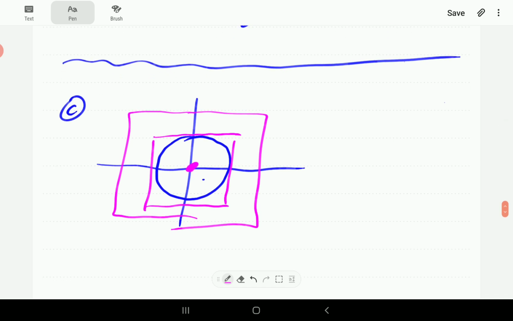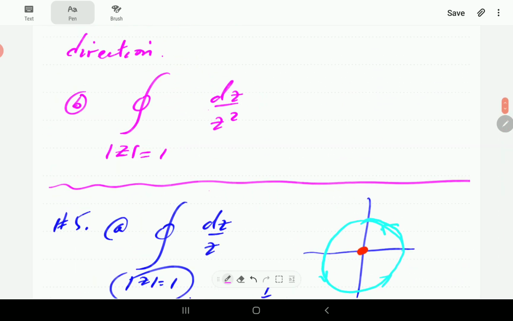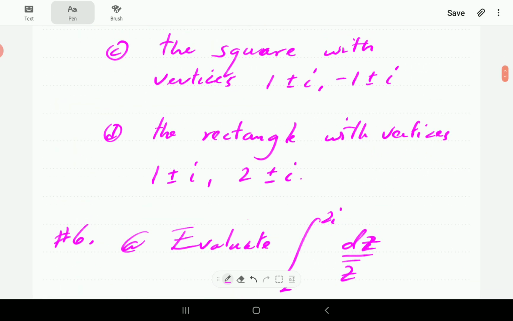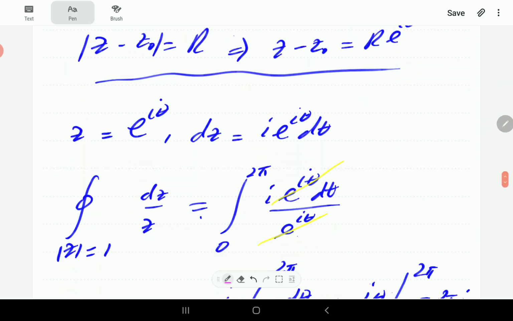So in part C, we've got a square, where this is 1 plus i, this is 1 minus i, this is minus 1 plus i, this is minus i minus 1. So that is a square with these vertices, plus or minus 1 plus or minus i.